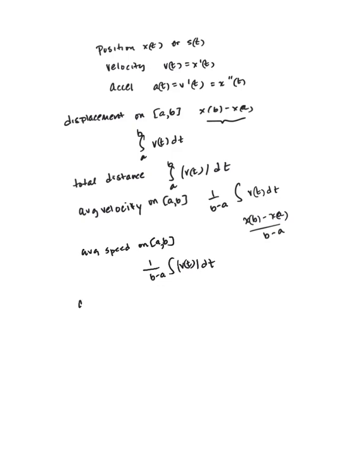At rest means the velocity is equal to 0. Slowing down: if a particle is slowing down, the velocity and the acceleration will have different signs.